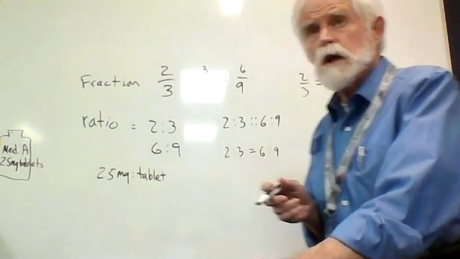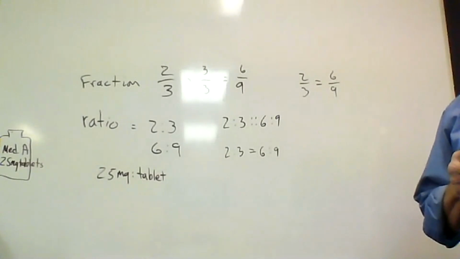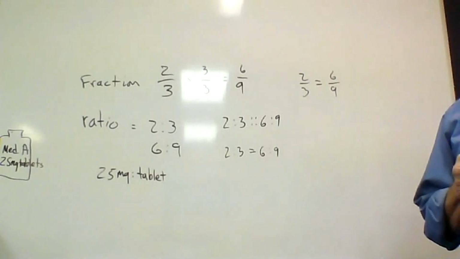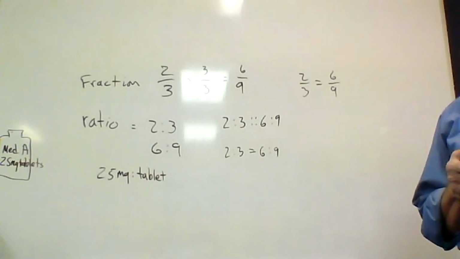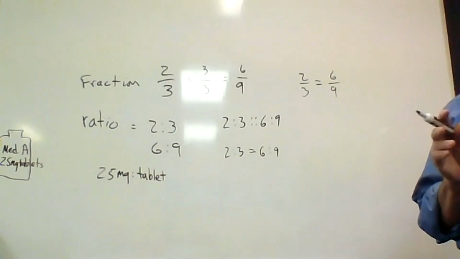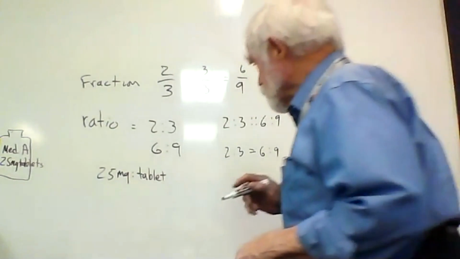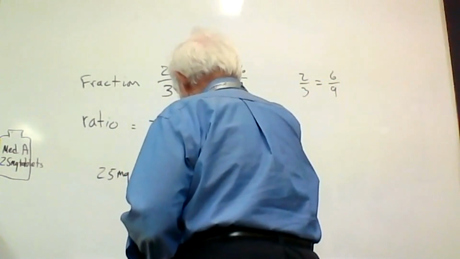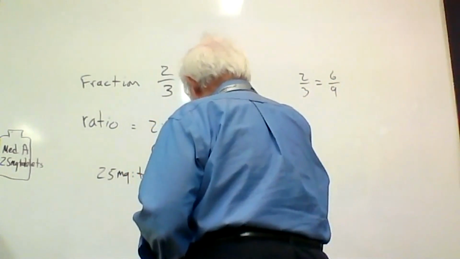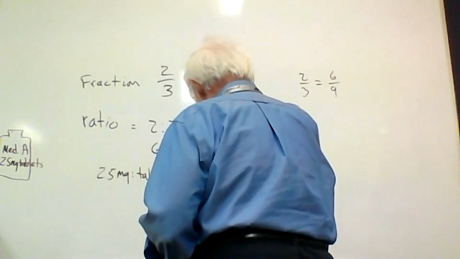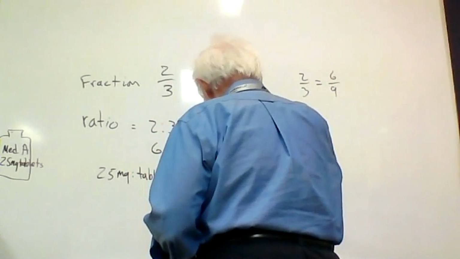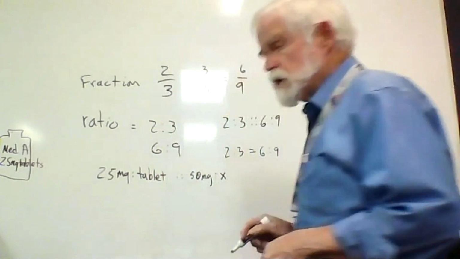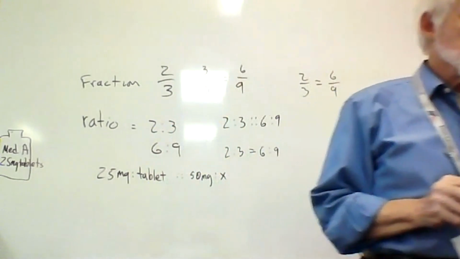But we can set this up. Let's just say that we are having a little brain infarct. I can't remember how to divide. We can also say 25 milligrams is to tablet as 50 milligrams is to X, X being a number of tablets.